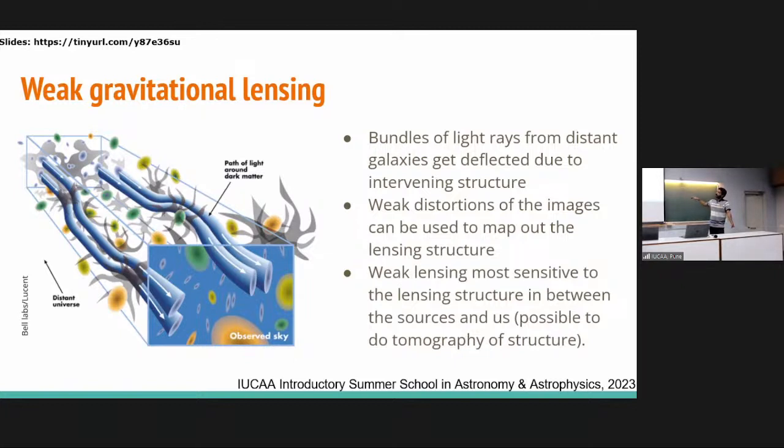Their shapes can tell you something about the matter distribution, and so you can then reconstruct a 3D matter distribution. So it is quite powerful because dark matter is something that you can't directly see. You have to infer it. And one way to infer it is by using weak lensing, right? So you can do a tomographic reconstruction.